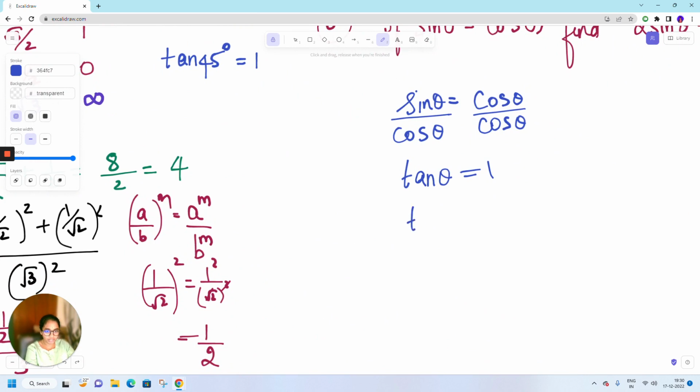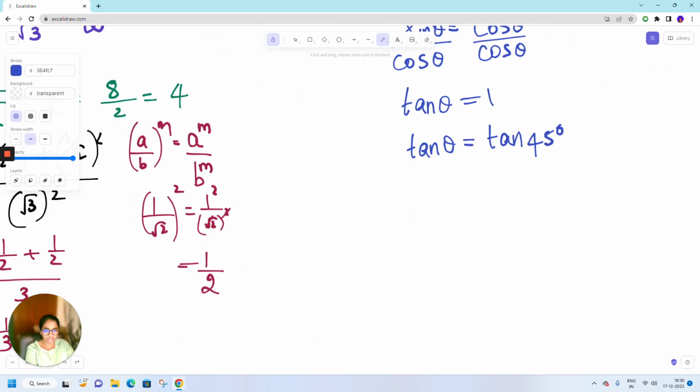Can I replace this with tan 45? Yeah, I'll replace 1 with tan 45. Now we have tan theta is equal to tan 45. This implies theta is equal to 45 degree.